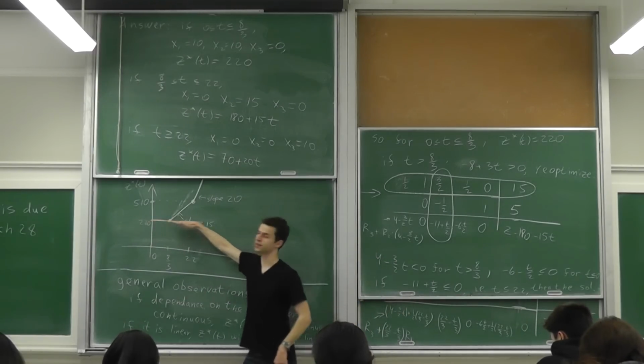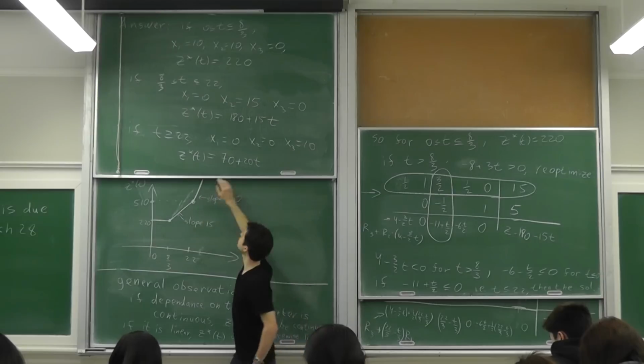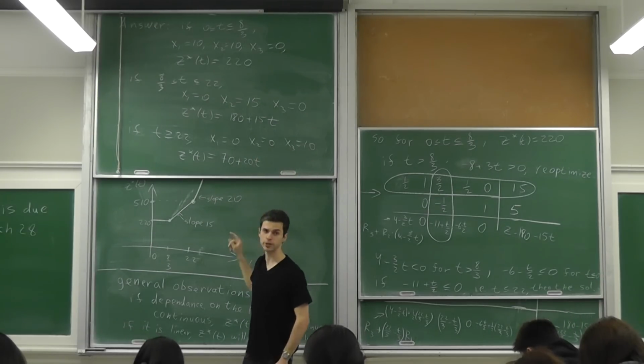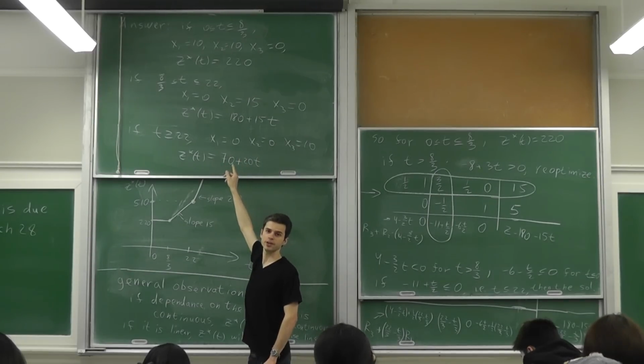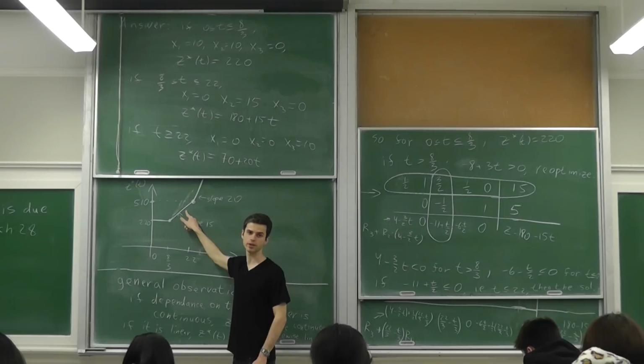Well, it is this line. Then you explore whether the solution where x2 and x5 are basic, so like over there, and you'll find out that the objective function is this one.